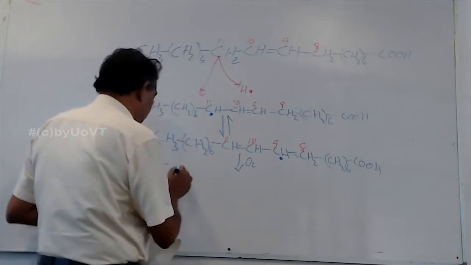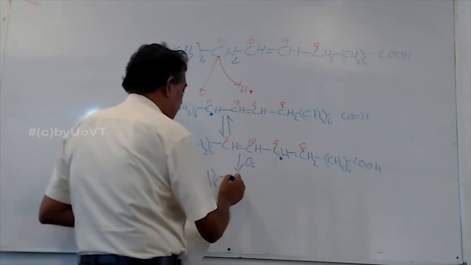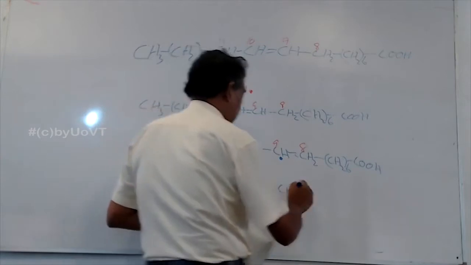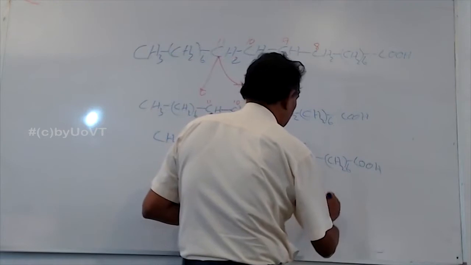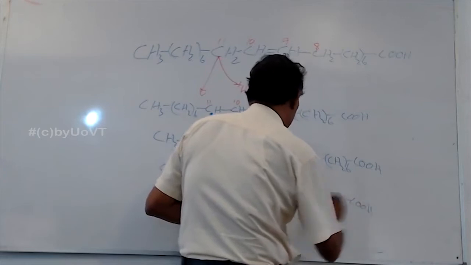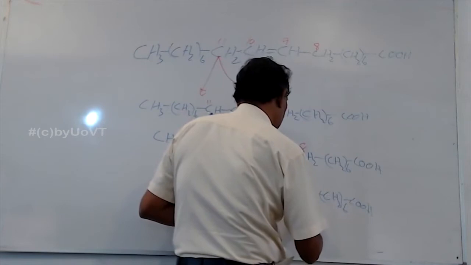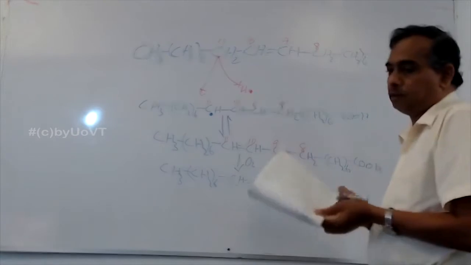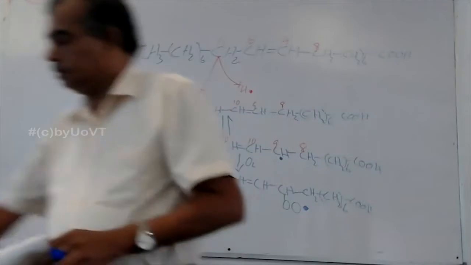That is CH3, CH2 6 times, CH double bond CH, CH, CH2, CH2 6 times, COOH. Now here O, no. Again a free radical, but this is peroxide. Right? This is peroxide.